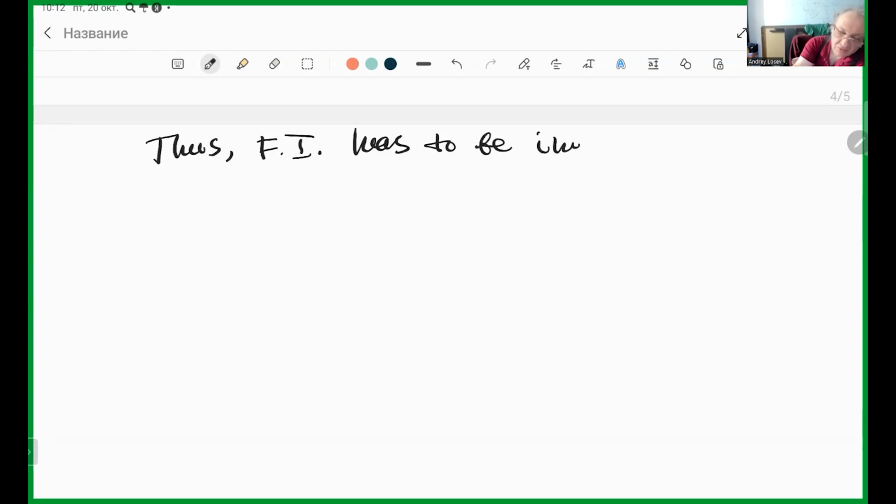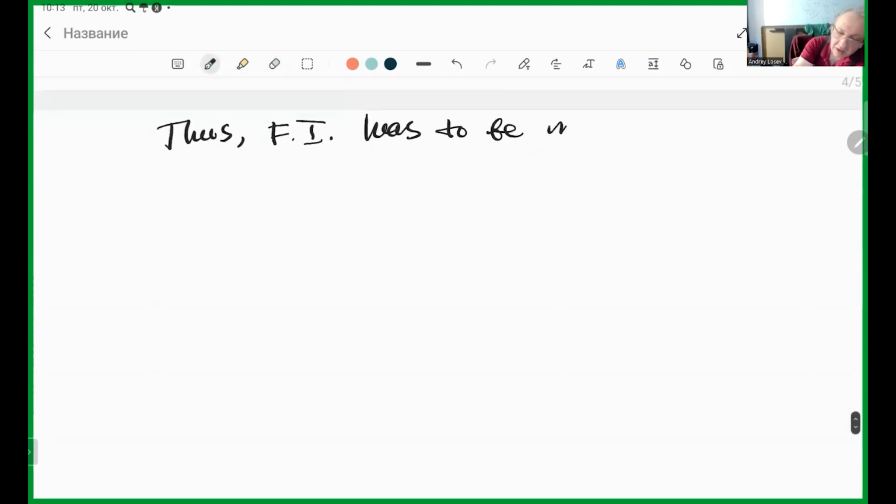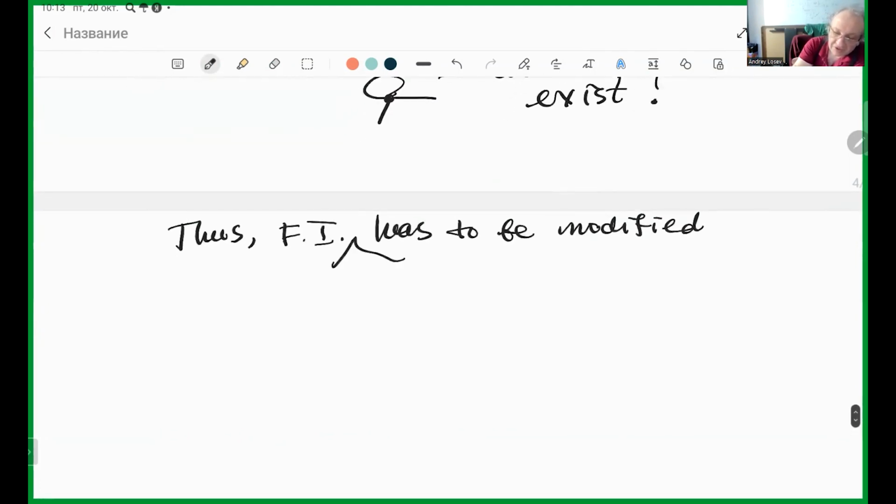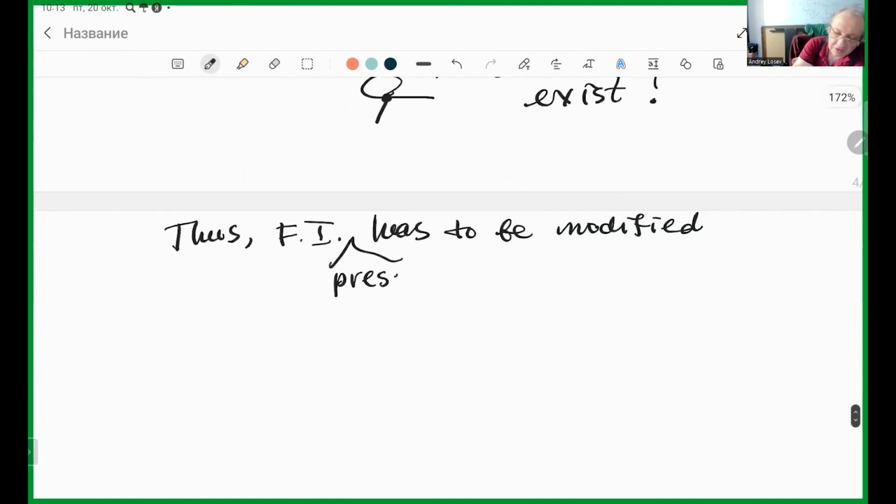Okay, people say improved. I would like to say modified prescription. I will call it the functional integral prescription.